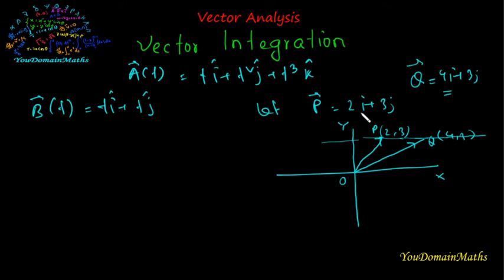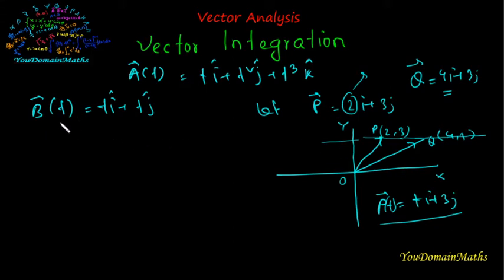So if p vector equals t i plus 3j, then this vector represents a straight line, and p vector in terms of t is a vector valued function. So this is the straight line.